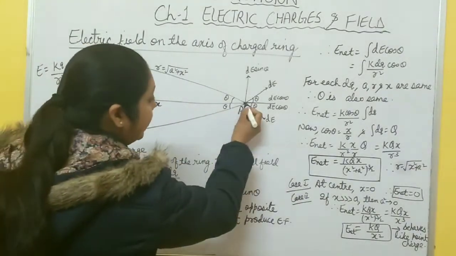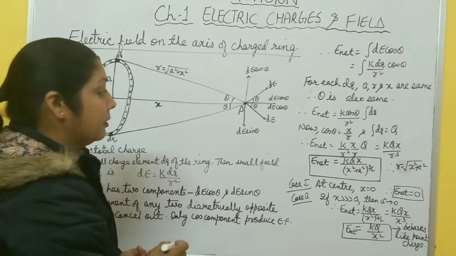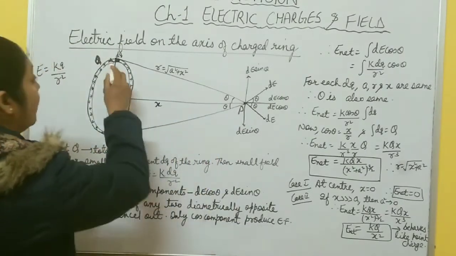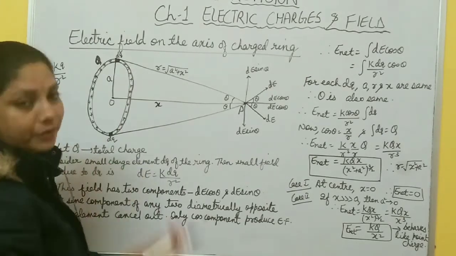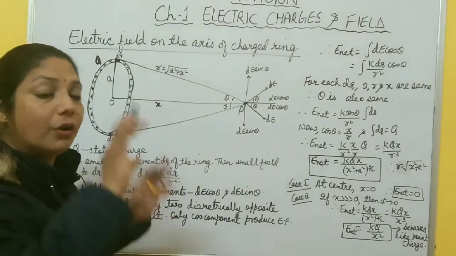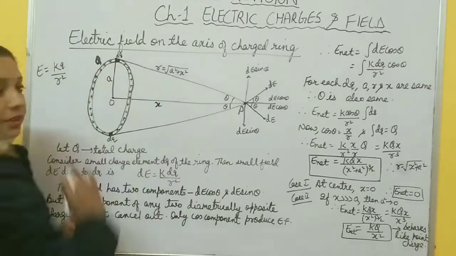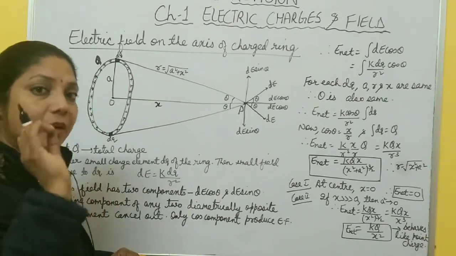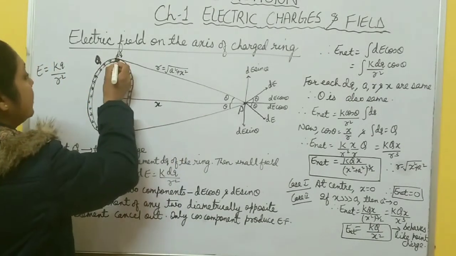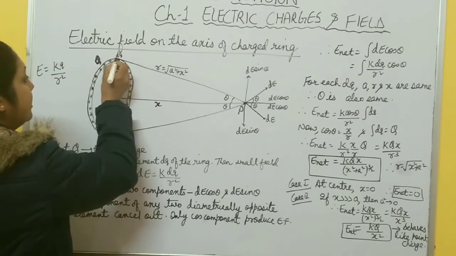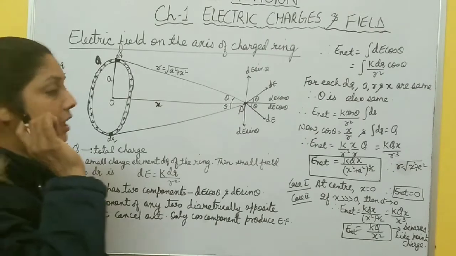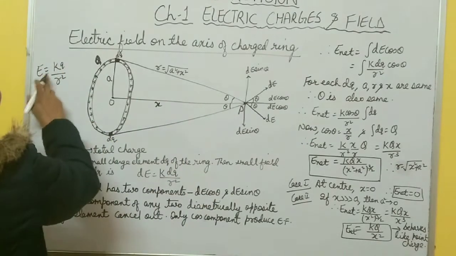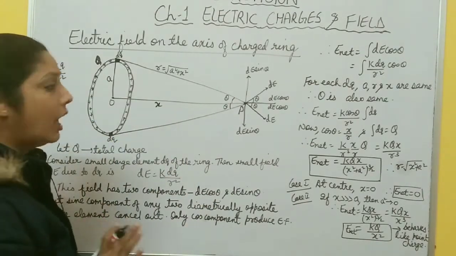At this point P on the axis of the ring, electric field is due to all the charges which are uniformly distributed over the ring. So how do you calculate the total electric field due to all the charges, Q, right? For this, you first have to consider a small charge element dq. And you know, for a small point charge, the formula for electric field is what? E = kq/r².